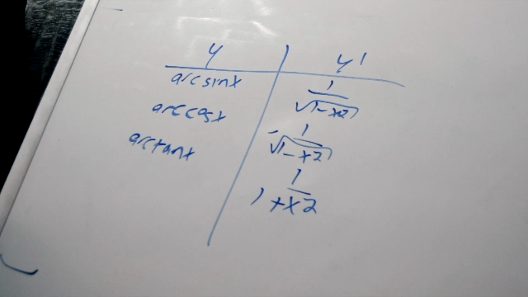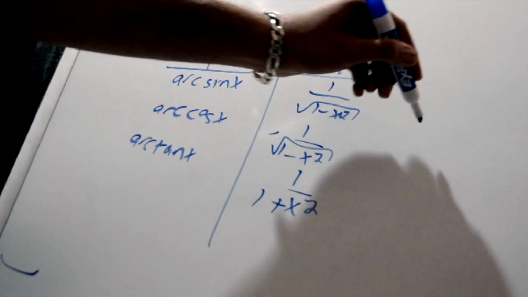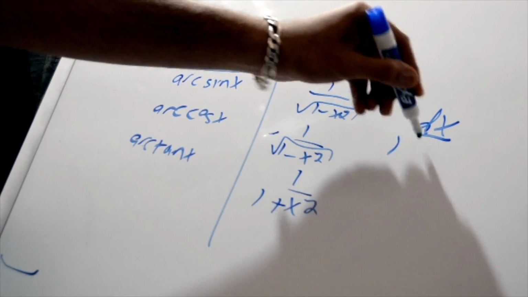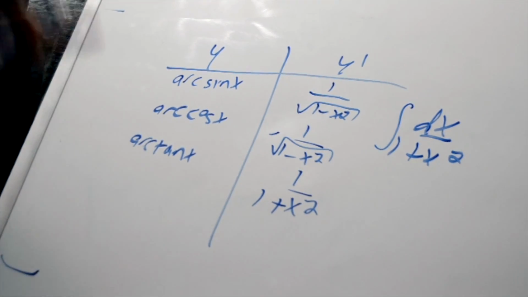And if you want to go backwards, and they give you, for example, dx over 1 plus x squared, and you integrate that, that's just arctangent plus c, of course, because it's an indefinite integral.